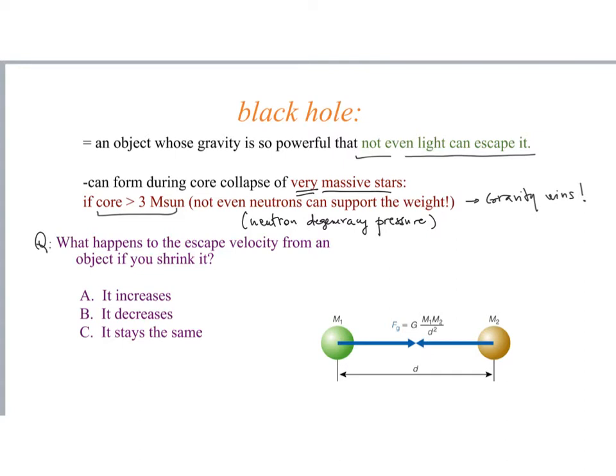Okay, so before we understand how things like this can happen, let me ask you a question. What do you think happens to the escape velocity from an object if you shrink it? Okay, what do we mean by escape velocity? It's the speed at which one would have to travel in order to win over the pull of gravity.